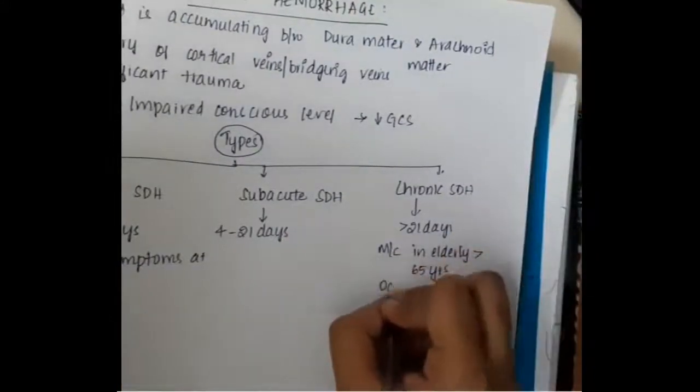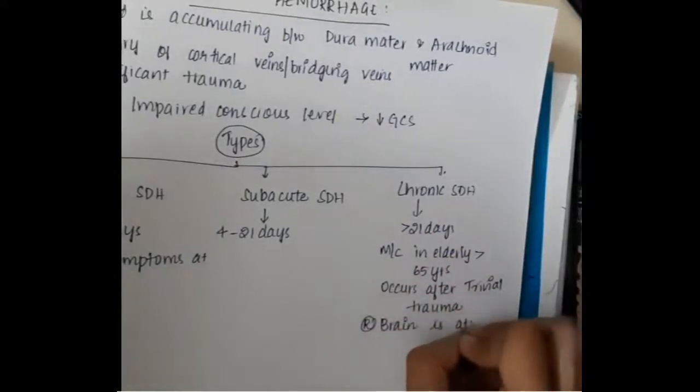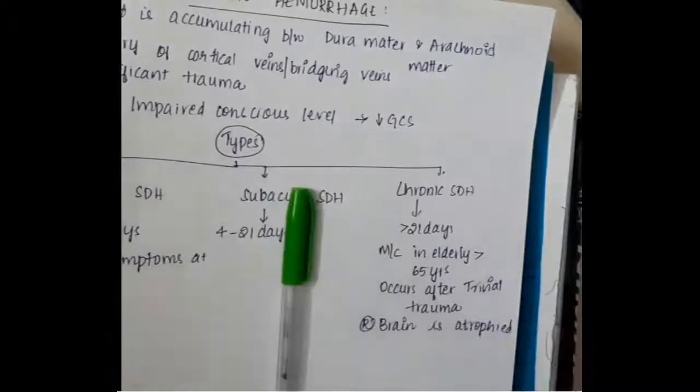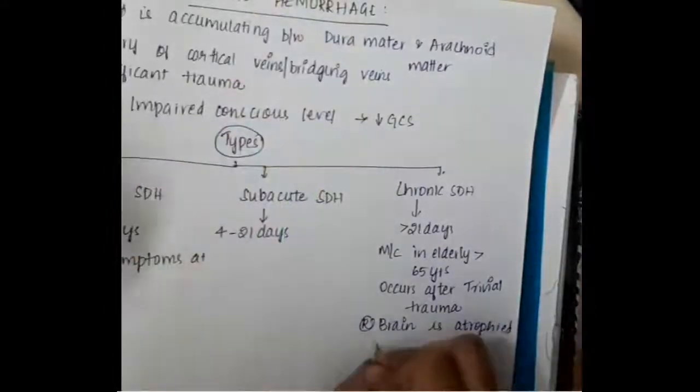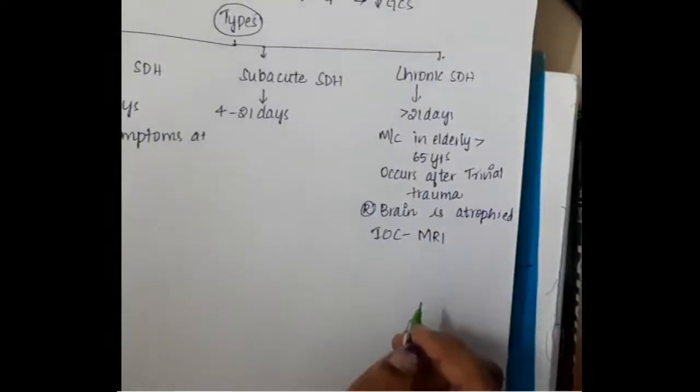Chronic subdural hematoma is seen most commonly in elderly people more than 65 years of age, and occurs after trivial trauma, because in elderly individuals brain atrophy has already started. So even a small trauma can cause rupture of the bridging veins or cortical veins, resulting in chronic subdural hematoma. Investigation of choice is MRI.